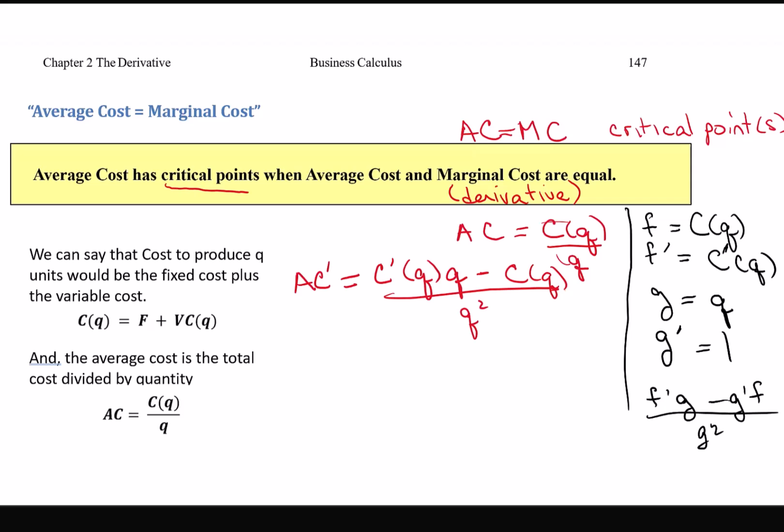Next step, AC prime, or the derivative of the average cost, is equal to C prime, which is really the marginal cost, times Q minus the cost, divided by the quantity squared.